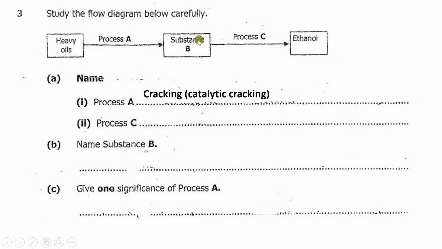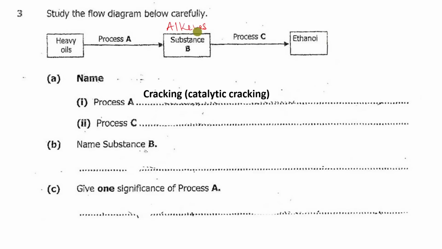When you crack these hydrocarbons, what do you form? You form alkenes. Cracking heavy oils, which are alkanes, can produce alkenes. Now, these alkenes are producing ethanol.